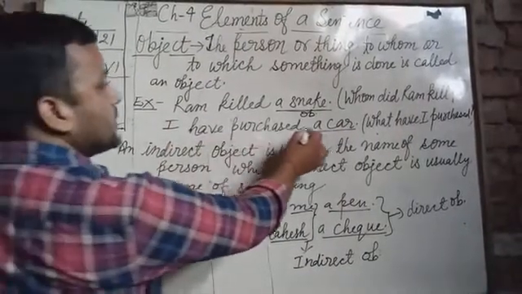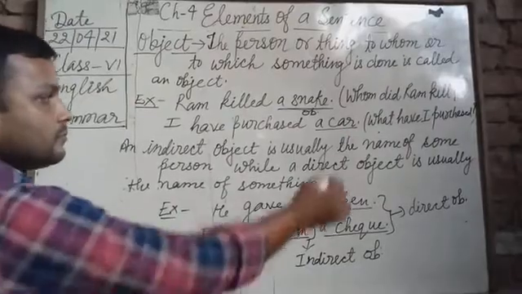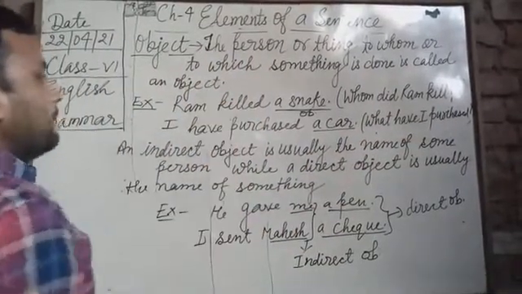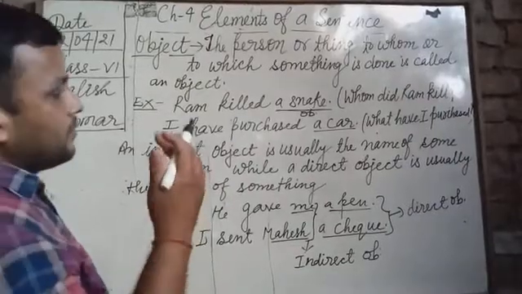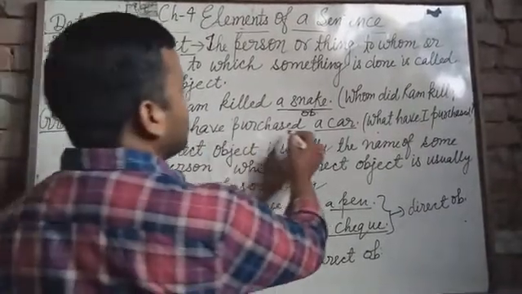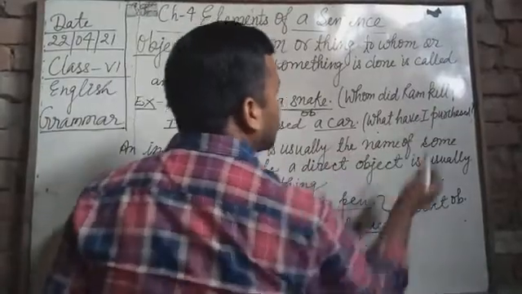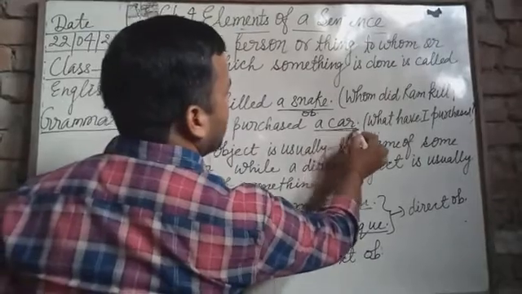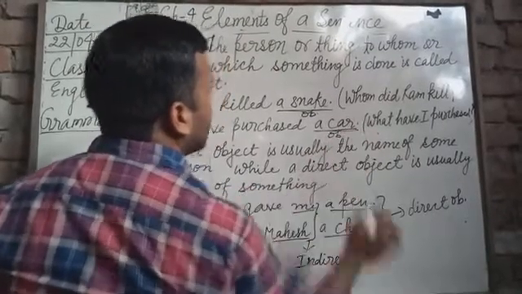Now see the second example. I have purchased a car. What have I purchased? In the second example, I have put the question with what. The answer will be a car, so a car will be an object.